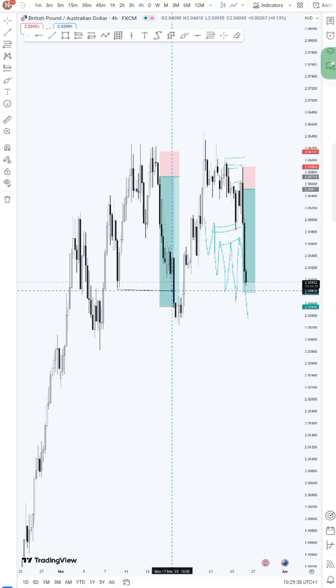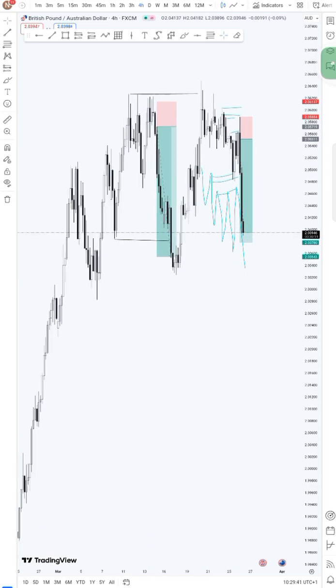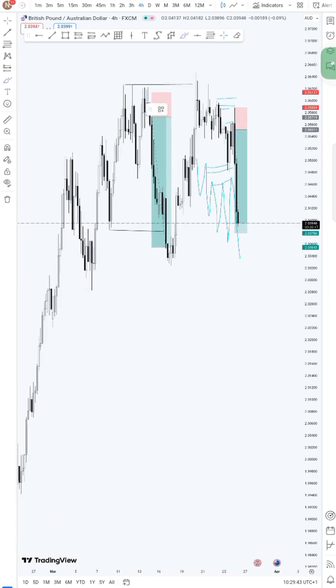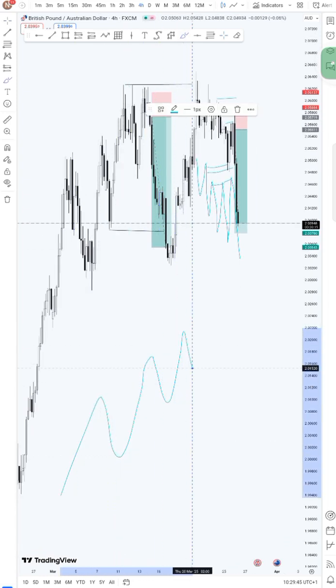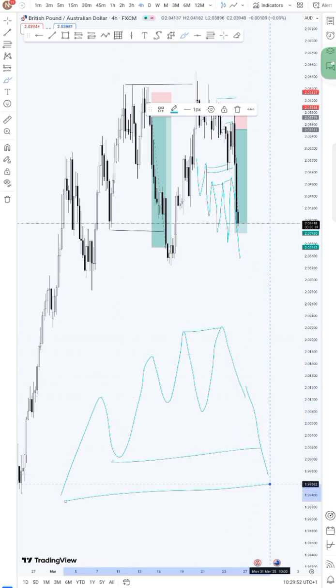It was a break, and this was a sweep of that break. In other words, let me draw it. So we had a choch, a sweep of that choch. So we are expecting price to come at least to this extent. So that is it.